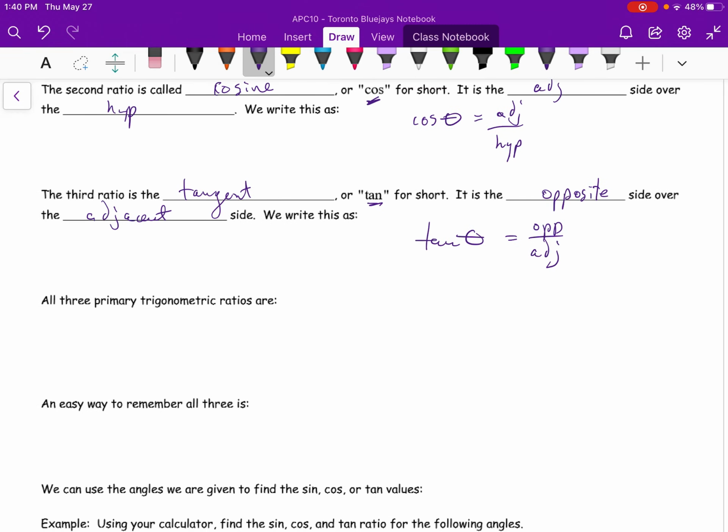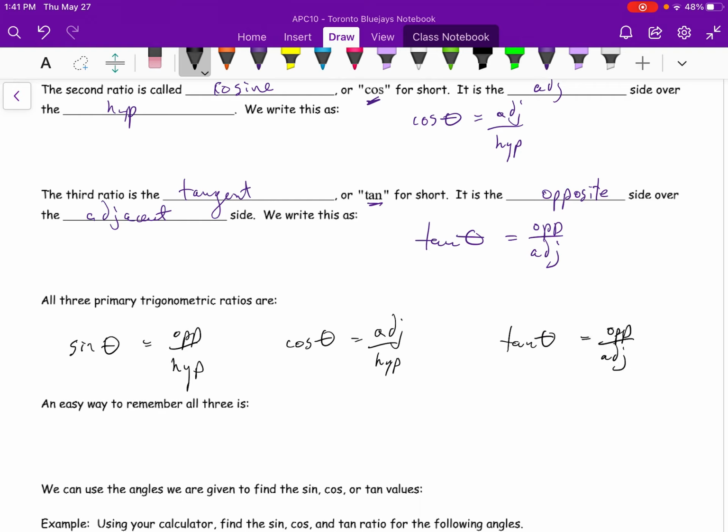So the three basic trigonometric ratios, I'm just going to write them like this. Sine theta is equal to opposite over hypotenuse. Cosine theta is equal to the adjacent over the hypotenuse. And tangent theta is equal to opposite over the adjacent.